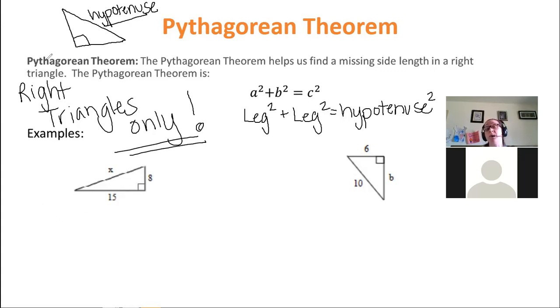So here's our 90-degree angle, and if you go across from it, that's the hypotenuse. The other sides are just called legs. They are the legs of the triangle. Okay? So in this next one, in this first example here, we are missing which side? Are we missing a leg or a hypotenuse?